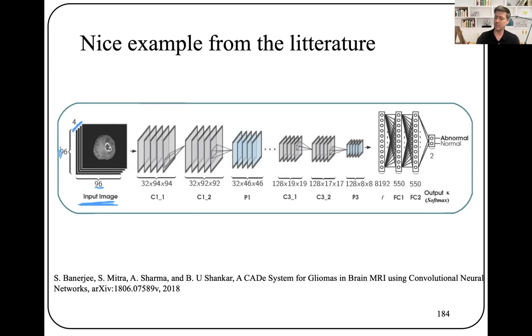I believe it's T1, T1 contrast, T2, and the T2 FLAIR, something like that. And then we have 2 convolutional layers followed by a pooling layer. Notice that the pooling layer will divide the resolution by 2. So instead of 92 by 92, we're going to have 46 by 46, followed by 2 other convolution layers, followed by another pooling.